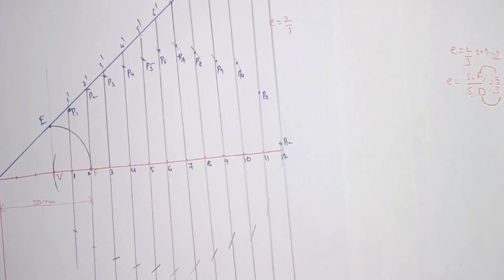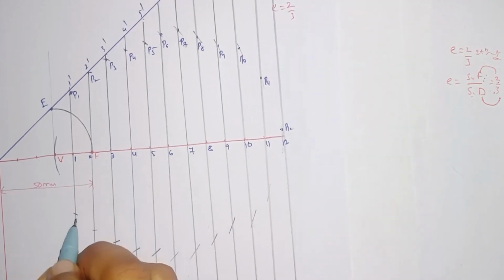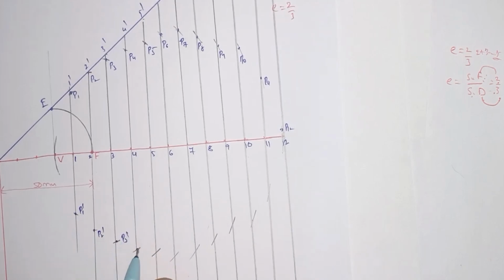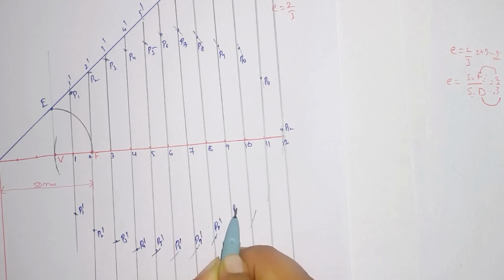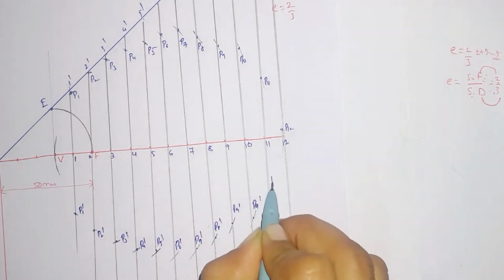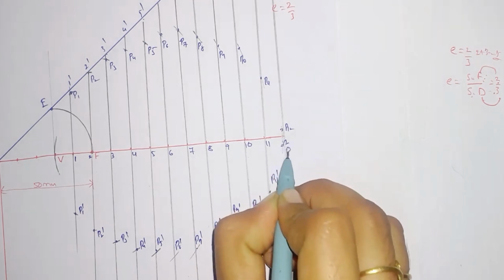And on the downside you have to follow the points P1 prime, P2 prime, P3 prime, P4 prime, P5 prime, P6 prime, P7 prime, P8 prime, P9 prime, P10 prime, P11 prime and here the P12 prime.